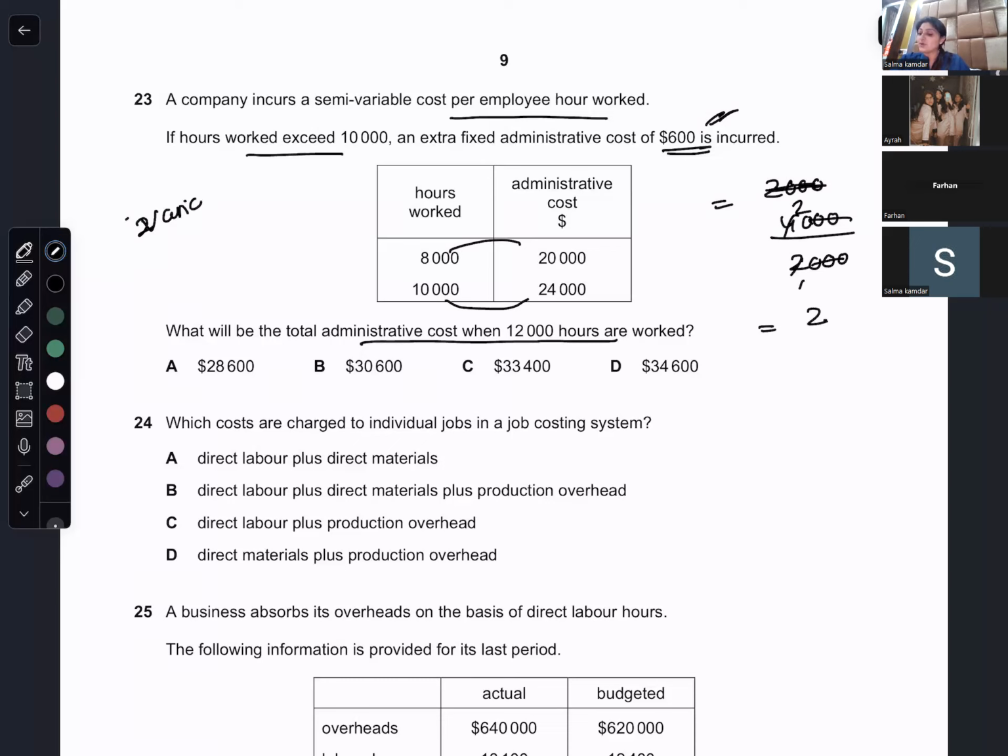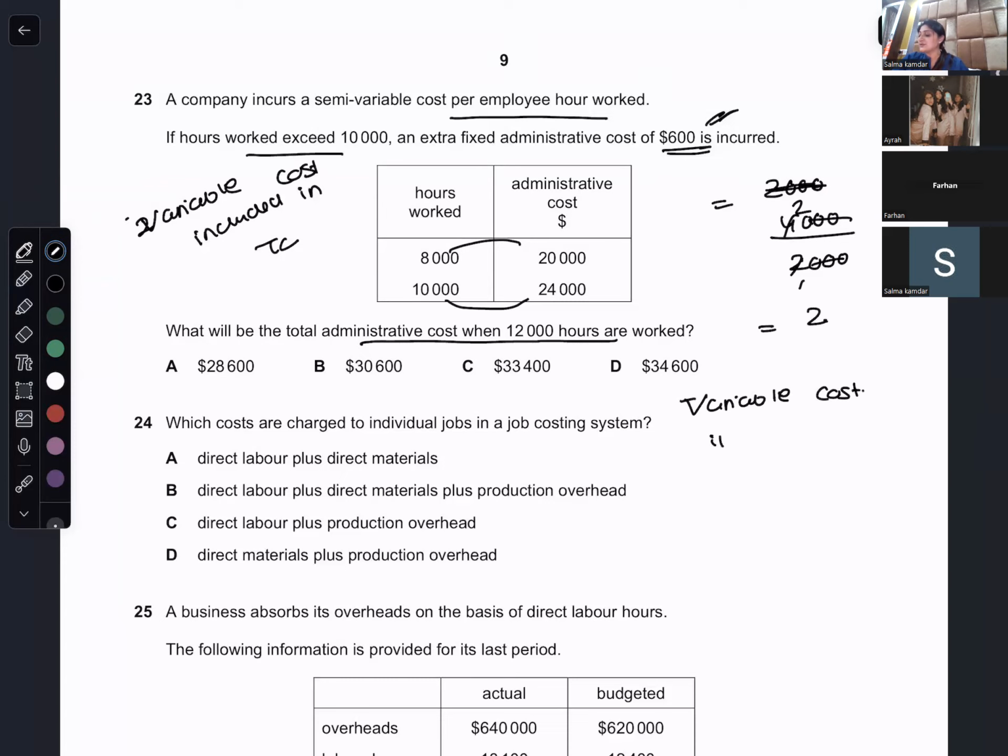So the variable cost included in total cost, how do you calculate that? Ira, please make the notes for this.